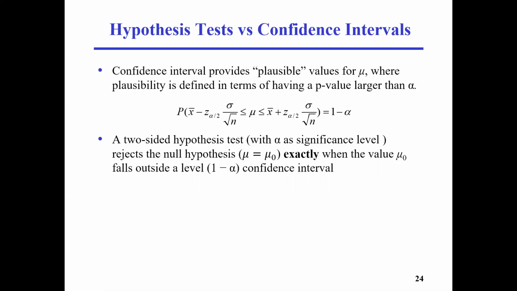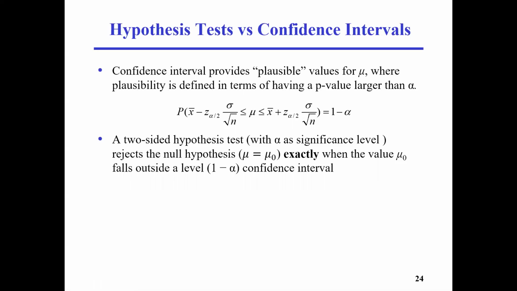So what's the connection between these two inferential methods? A confidence interval provides plausible values for mu, where plausibility is defined in terms of having a p-value larger than alpha.